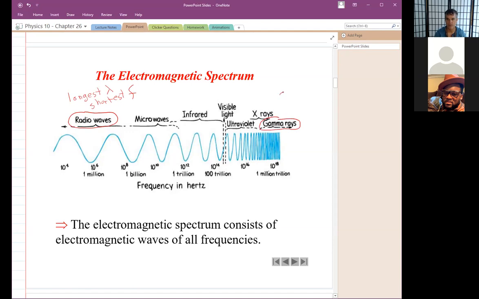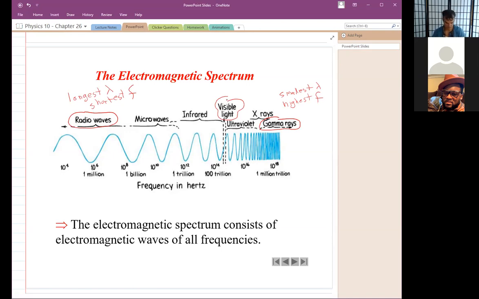These have the smallest wavelength and the highest frequency. If you look, visible light is just a very, very small portion of all the light that's out there.